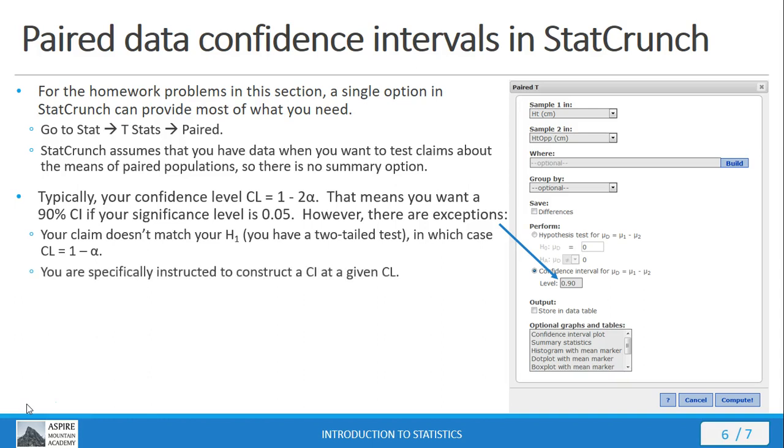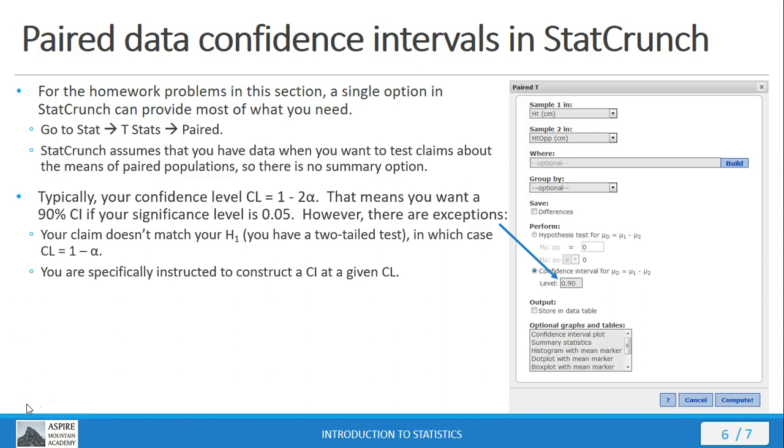The other exception is that once in a while you find a problem that specifies a specific confidence level. If you have that specification in your problem statement, just use what you're told to use. Typically, though, that's not what you're going to see. Typically, you'll see something like, construct the appropriate confidence interval. And you have to figure out, am I going to use 1 minus 2 alpha or 1 minus alpha?